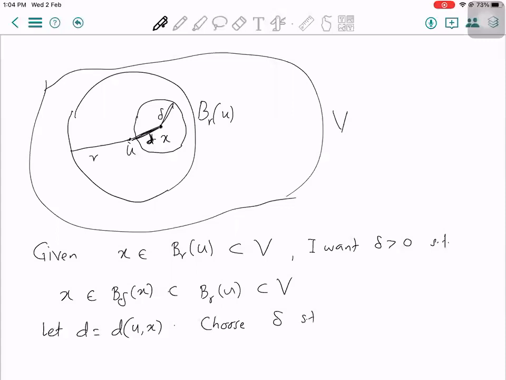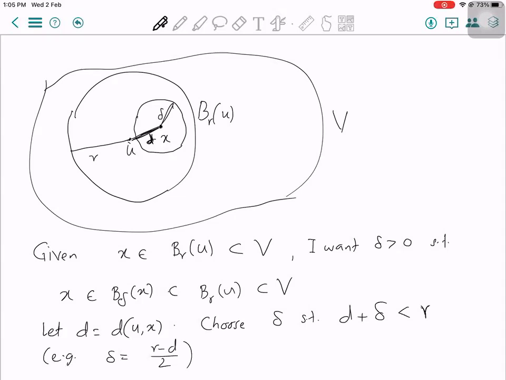Such that if I first travel distance D and then I travel distance delta, I should still not be able to go beyond R. So let's just do it such that this is less than R. I think even equal to will work because we are taking open balls. So maybe, for example, delta equals R minus D by 2 or something like that, whatever.